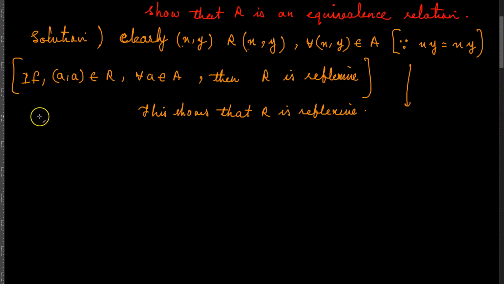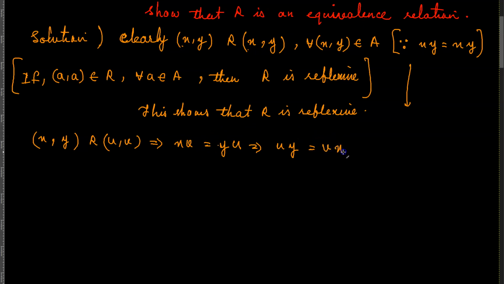you can say that x comma y R u comma v implies that x times v is equal to y times u, which implies that u times y is equal to v times x.